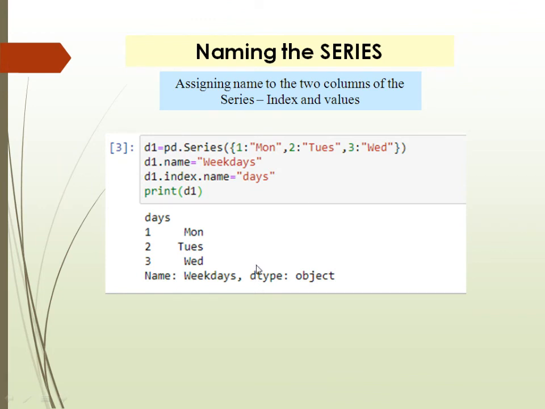Clear? So if you want to name your series, you can name it like that: the data values with the help of name, and the index name with the help of index.name. Clear? You have to remember these two lines.